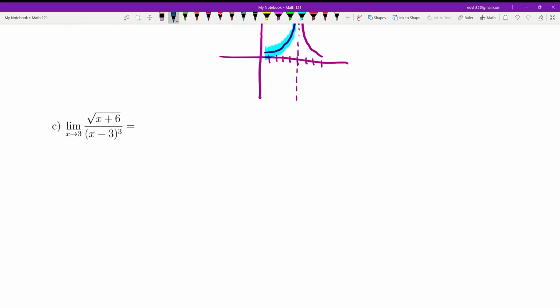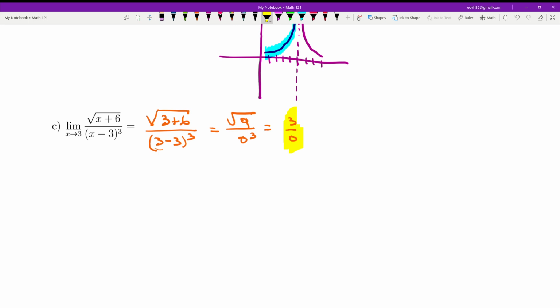So again, first of all, we are plugging in: square root of 3 plus 6 over (3 minus 3) cubed. Square root of 9 over 0 cubed. That's 3 over 0, which is a number over 0.